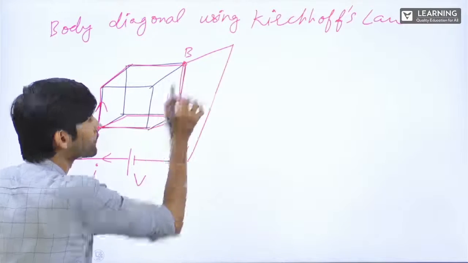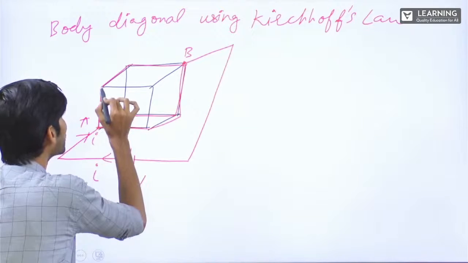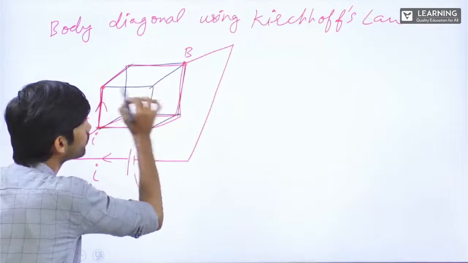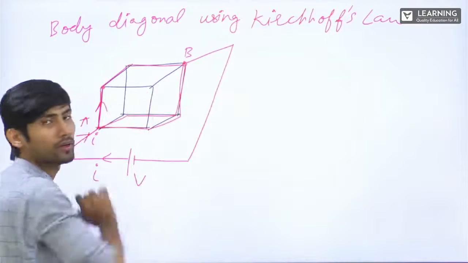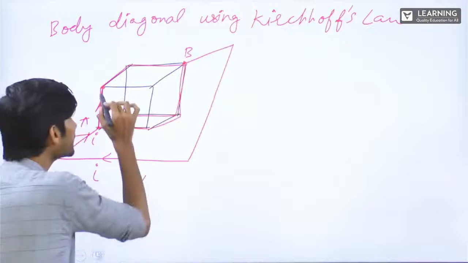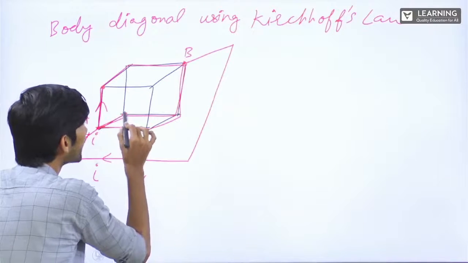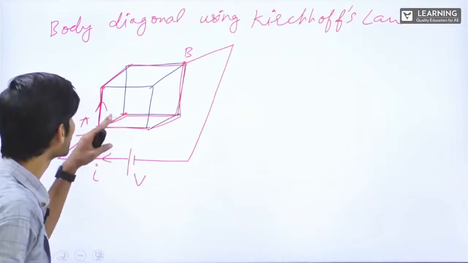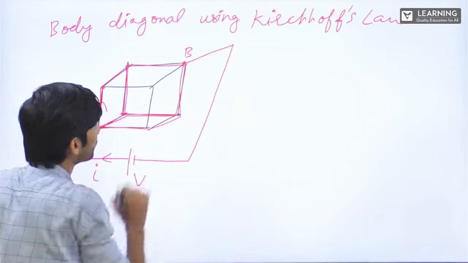See, 3 roads only. If I go here or here or here, if I go here, again I come here. There are again 2 different paths, that I understand. But again both are same. Either I go from here, 2 roads I have to travel. Either I go from here, 2 roads I have to travel. From here, if I go here and stand here, again I have either this road or this road.